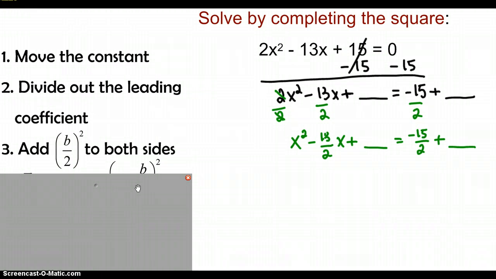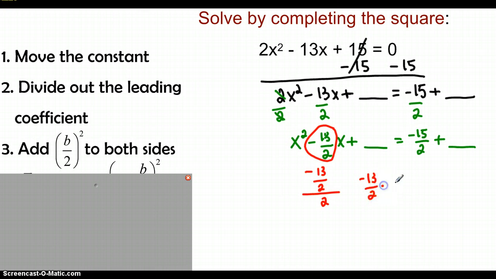So we are going to put in our b value, which is negative 13 over 2. We want to divide it by 2. So I'm going to copy the numerator, change division to multiplication, and flip 2 over 1 to 1/2.